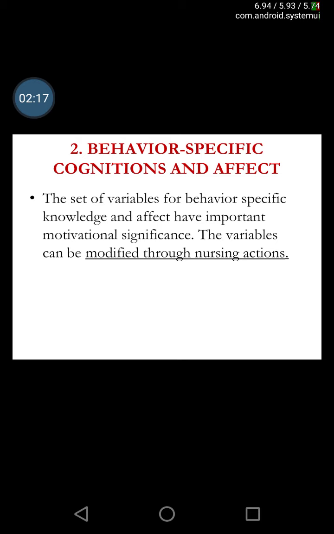Second is the behavior specific cognitions and affect. Here you can see the set of variables for behavior specific cognitions and affect have important motivational significance. So there are a set of variables that determine the health promoting behavior of the person, and these variables can be modified through our nursing actions.